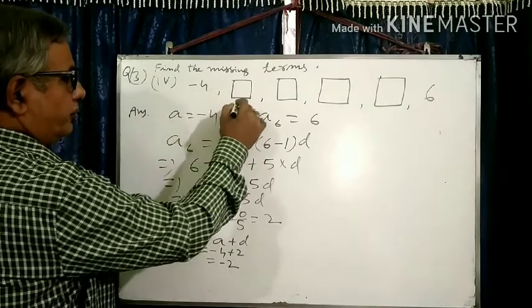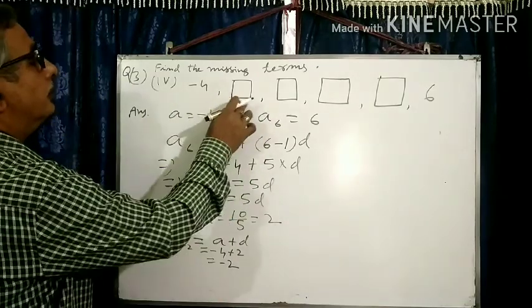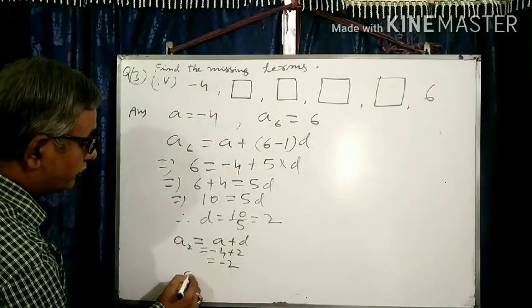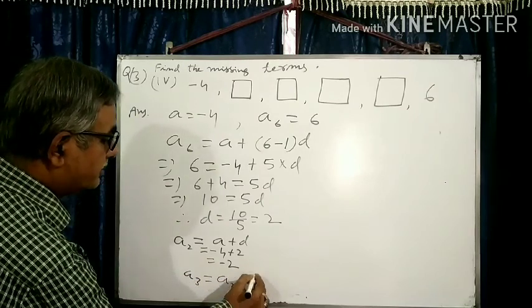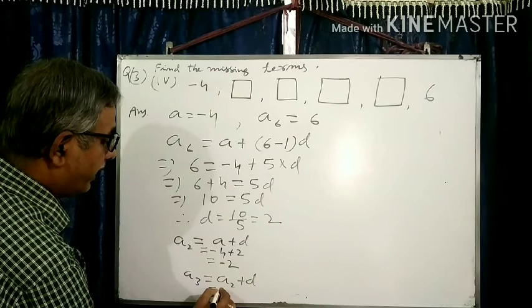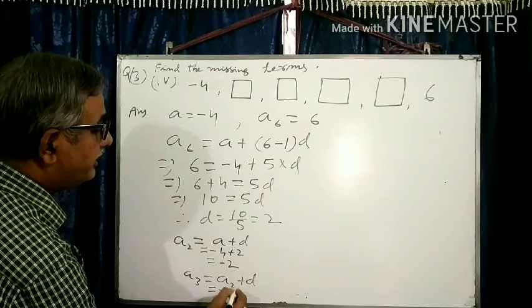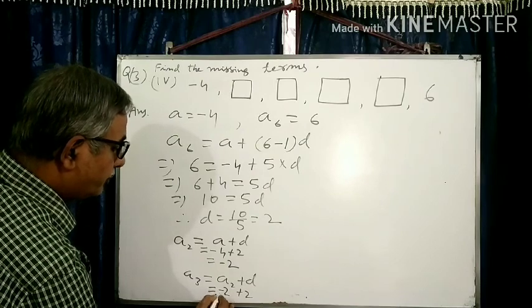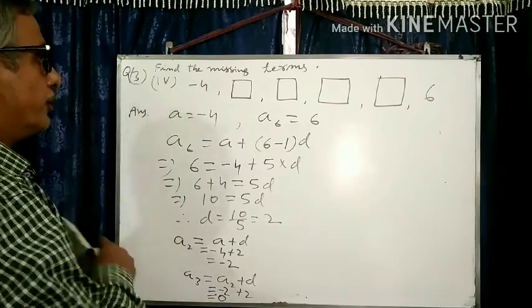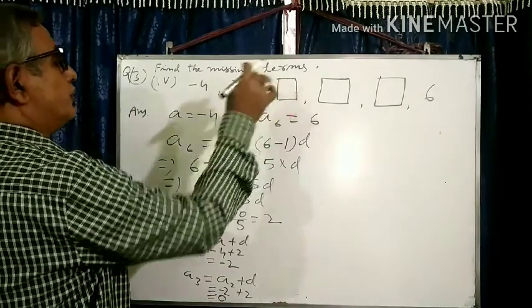A3 is equal to A2 plus D. So here minus 2 and D is 2. So you are getting 0. A3 you got 0, so here you are supposed to put 0.